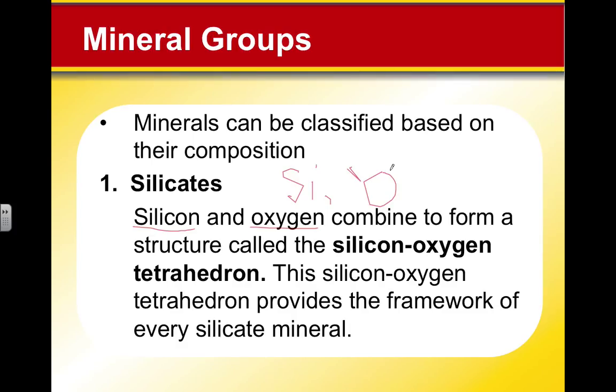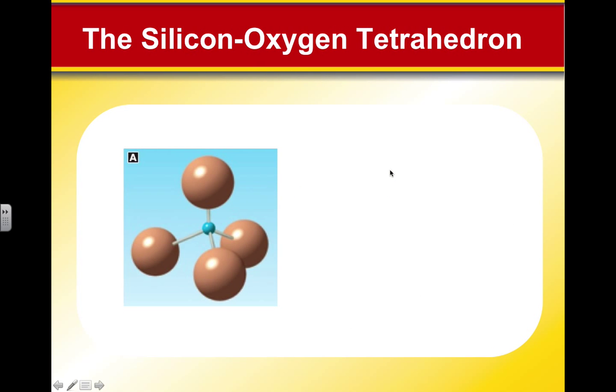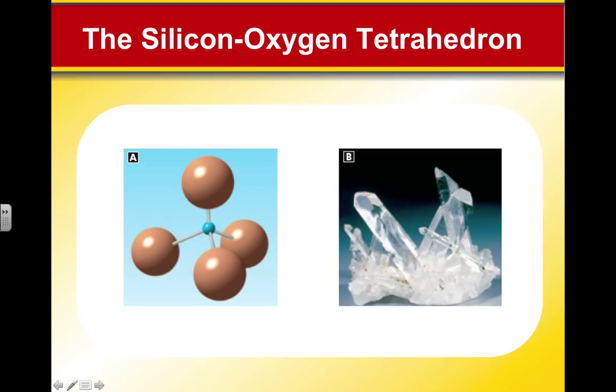And when you look at the actual formation of these minerals, it's based on their covalent bonds. If I have a chance in class, I will have you practice building silicate structures.